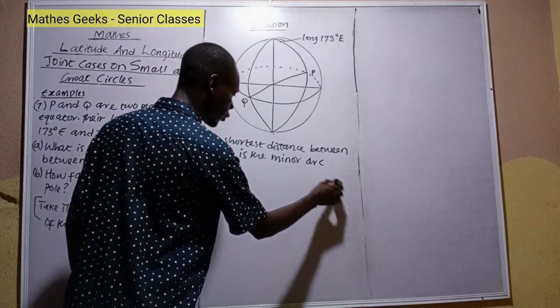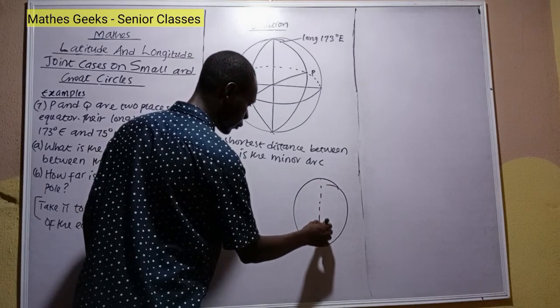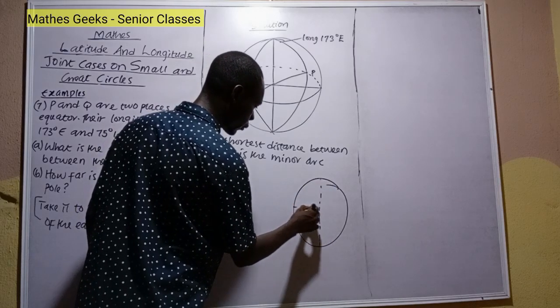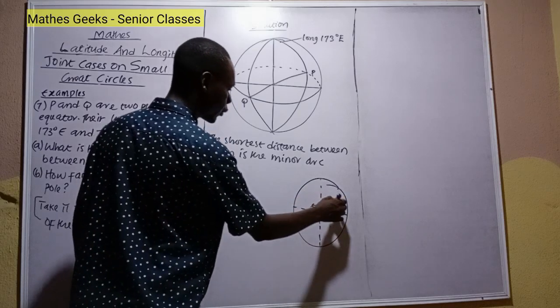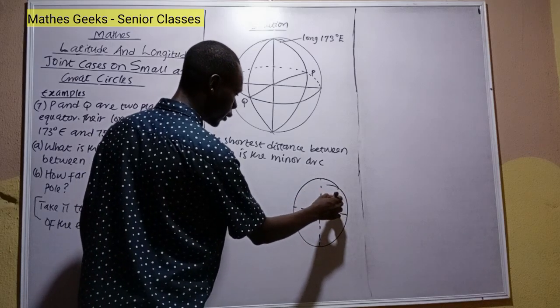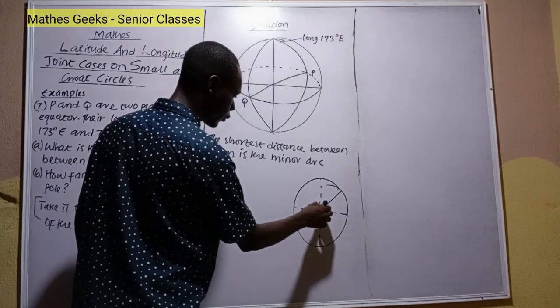So let's do it here. This is the center, this is the equator. P is here, so this is P, minor arc.